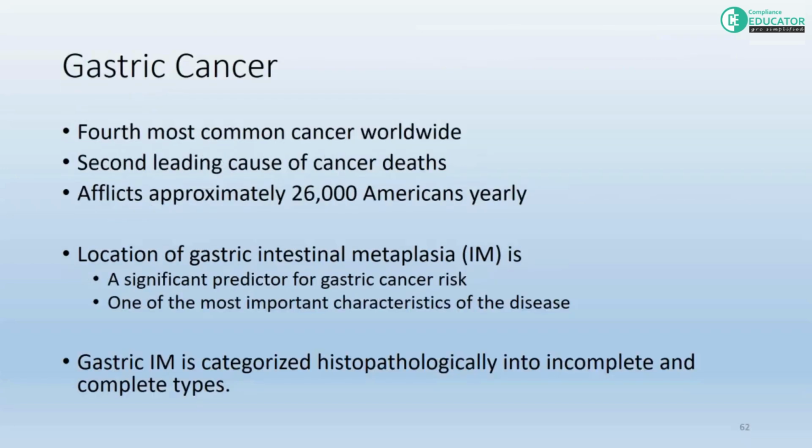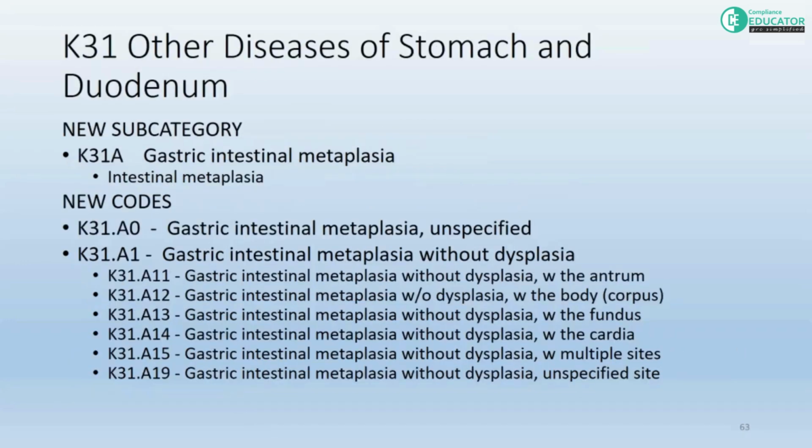And so they're looking at the location of this as a significant predictor. And so here are our codes for that. Noticing there are significant breakdown of the codes with and without dysplasia, with the fundus, with the cardia. So there's lots of specificity in these codes.